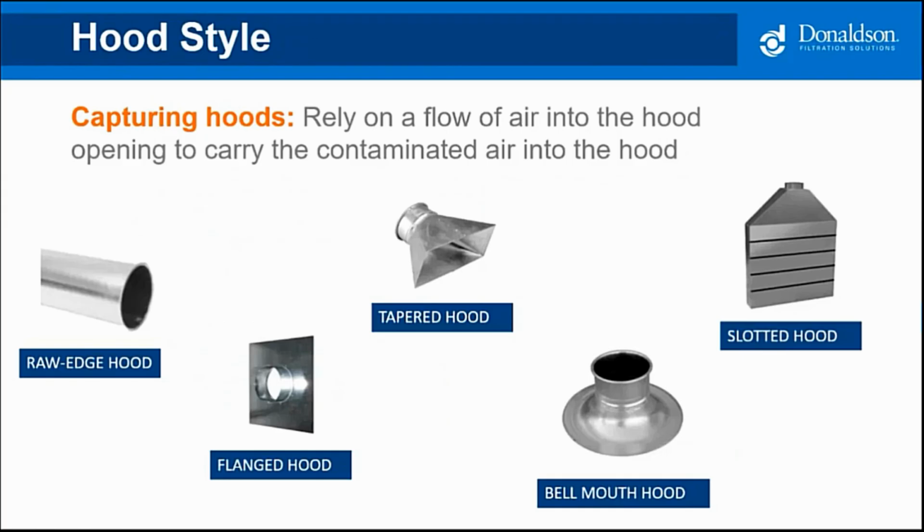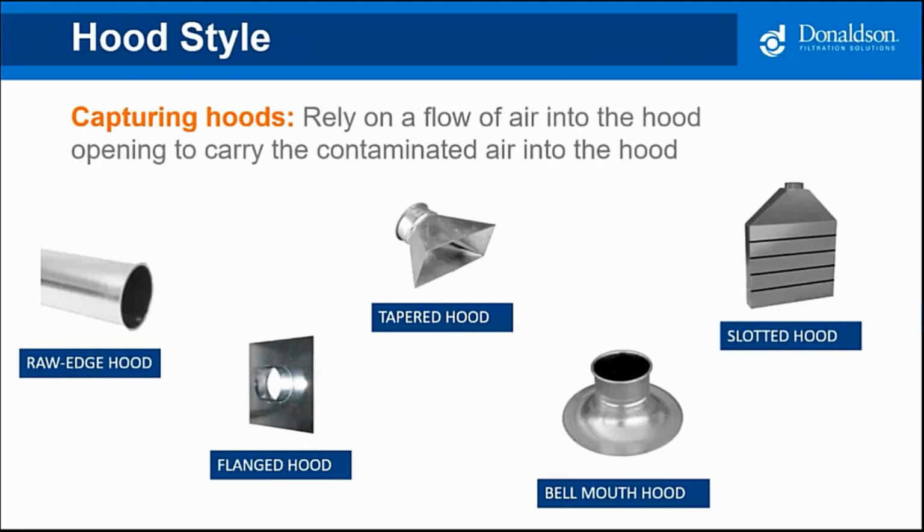Here are a few of the various hoods that can be used in welding and, of course, in other types of dust collection. Each one of these hoods, though, carries with it a resistance and an efficiency rating. The raw edge hood is the least efficient of all the hoods.